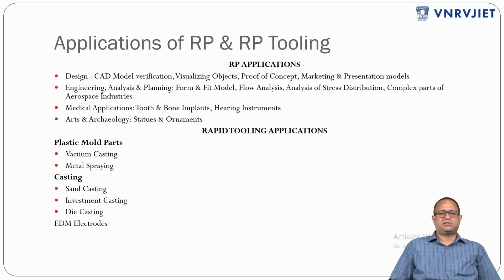And these are the applications of RP, rapid prototyping and RP tooling: used for design and engineering analysis and planning, for medical applications, especially tooth and bone implants and hearing instruments, and also for arts and archaeology, making statues and ornaments. And coming to rapid tooling applications: vacuum casting, metal spraying, sand casting applications, investment casting and die casting, and also EDM electrodes, electric discharge machining electrodes.